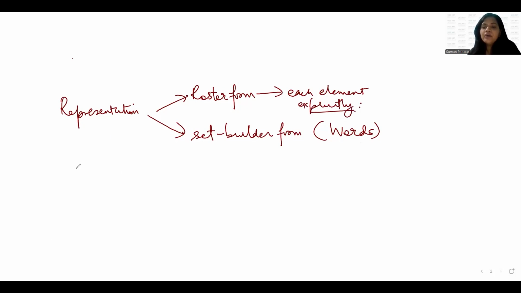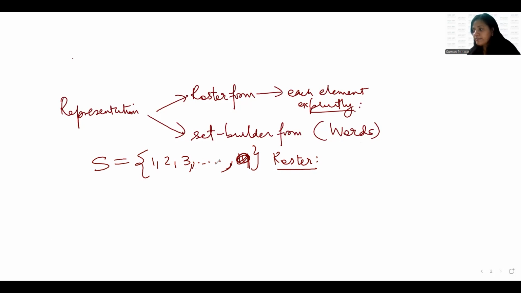Okay. So for example, what was our first set? Our first set was the set of natural numbers less than 10. So this is the roster form. I have written each and every element. Obviously I don't want to write all these, so I'll just separate them by commas. That is acceptable. But for example, you want to write it in set builder form.